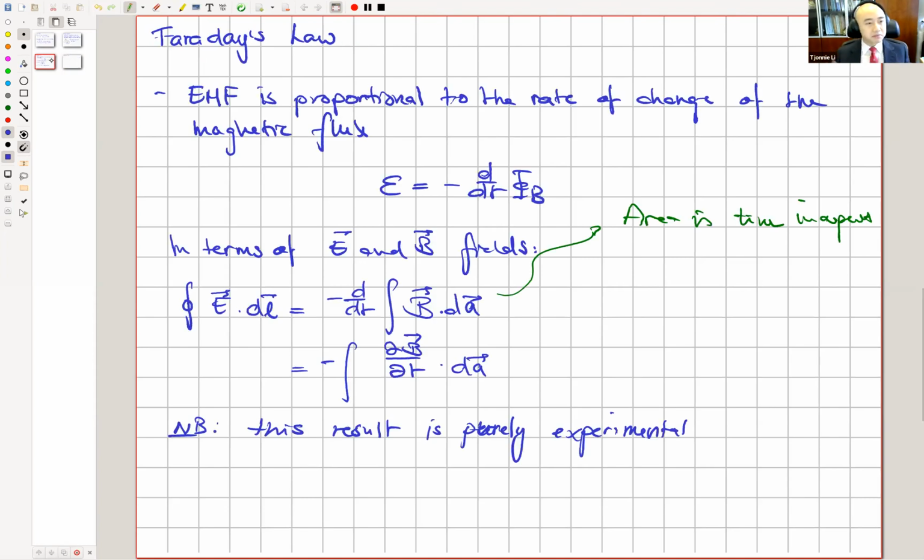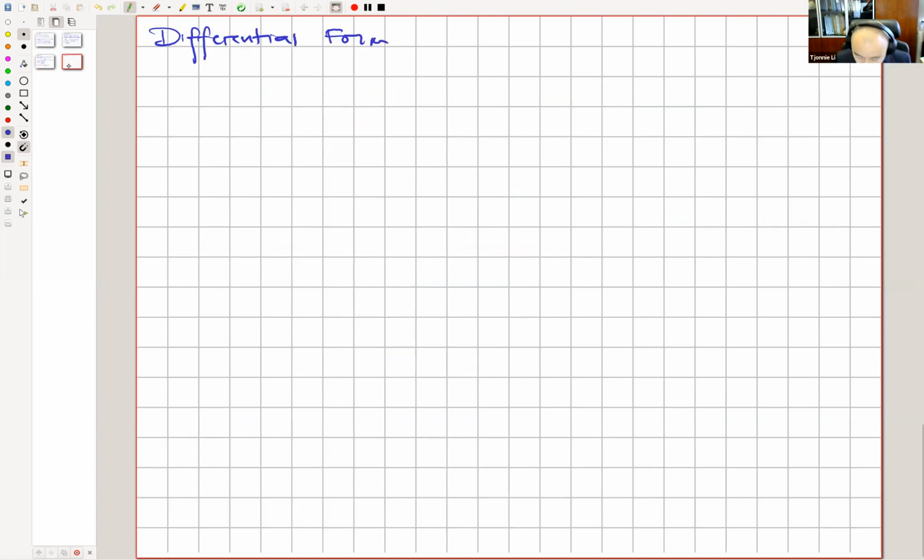In this case, you can use either Stokes' theorem or the divergence theorem. It should be fairly trivial, hopefully, for everyone to write down the differential form. But in case you can't do it quickly, let me see if I can convince you.